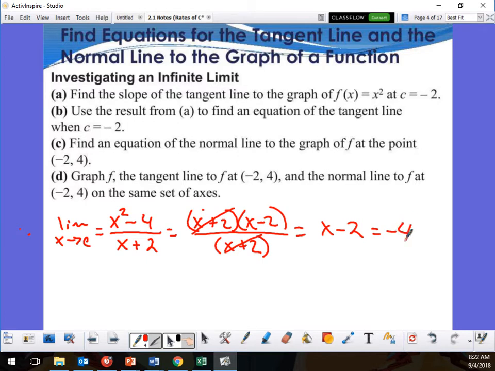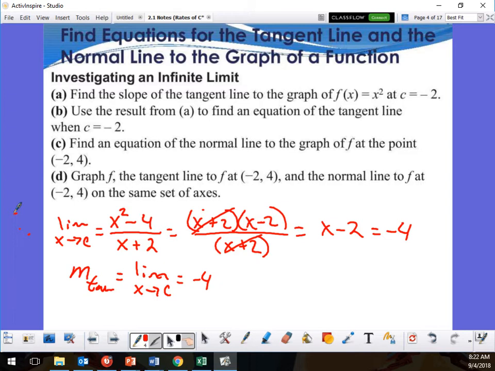Negative 4. So, to go back full circle, my slope of my tangent is equal to the limit as x approaches my c value, which is negative 4.